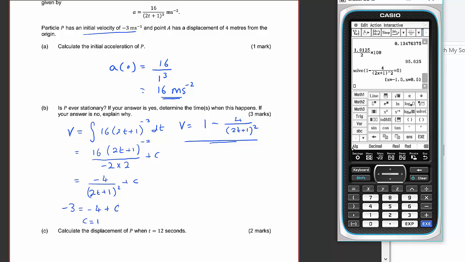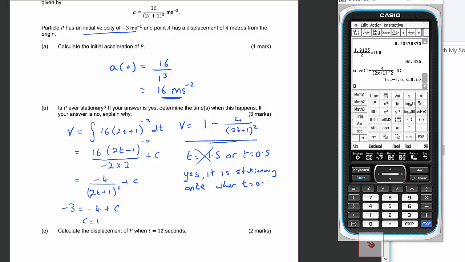And it gives me x is -1.5, so t is equal to -1.5, or t equals 0.5. Not possible. So yes, it is stationary once, when t equals 0.5.